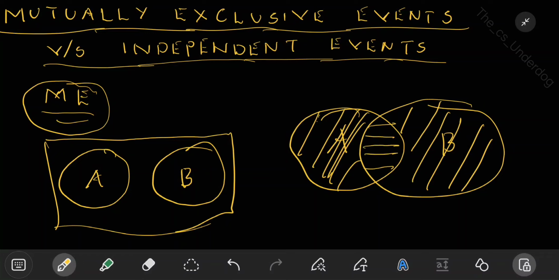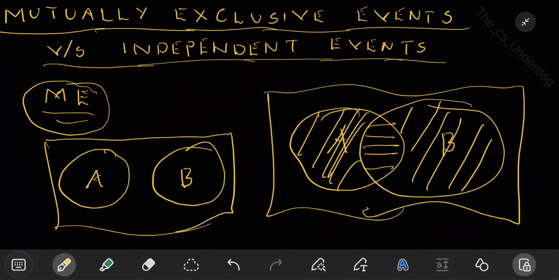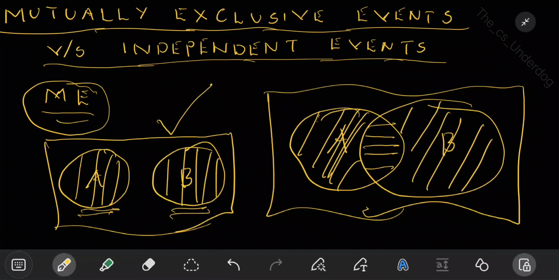So all these possibilities would be open in case of normal events. But in case of mutually exclusive, there will be no intersection between A and B. That is, either A can occur alone or B can occur alone. They cannot occur together. This intersection part is missing here in mutually exclusive, right?